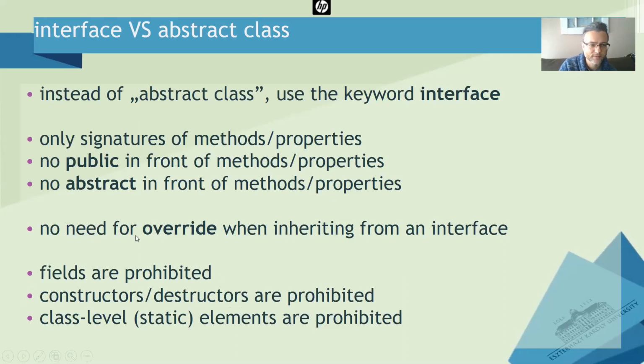For instance, the fifth statement: if you have an interface and you create a child class from this interface, you don't have to use the override keyword. This is something new, something special. Constructors and destructors are prohibited, and the last statement is also new. An interface cannot contain any static elements. This is also prohibited. So only instance level elements.